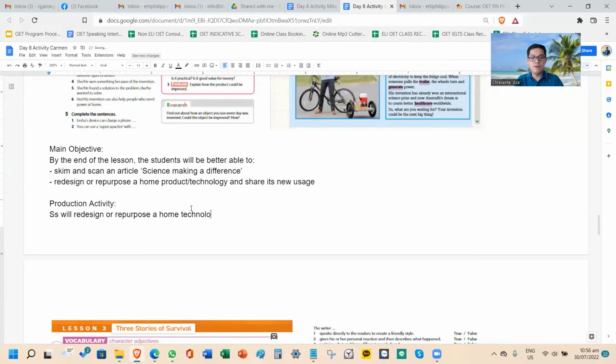It doesn't matter if you repeat the words because they have to match anyway, right? A home technology or product, and explain its new usage.